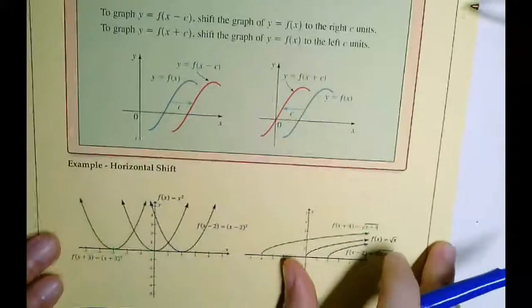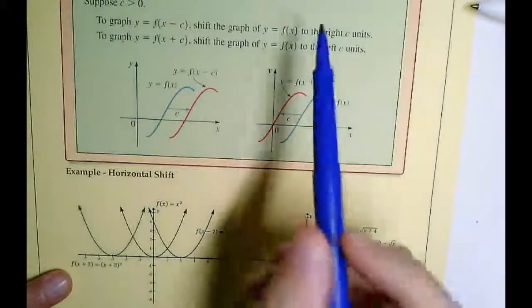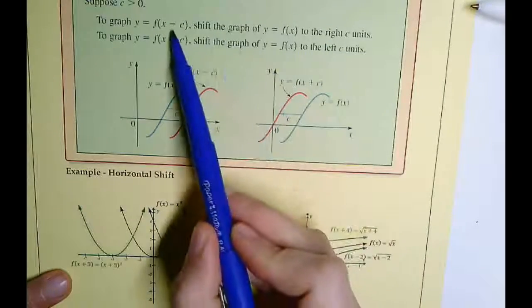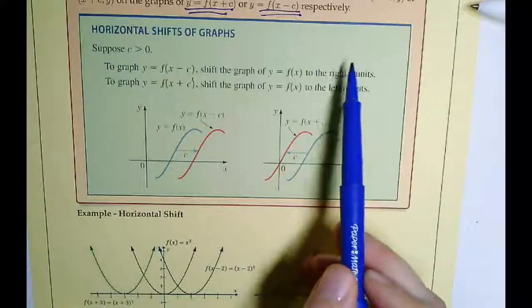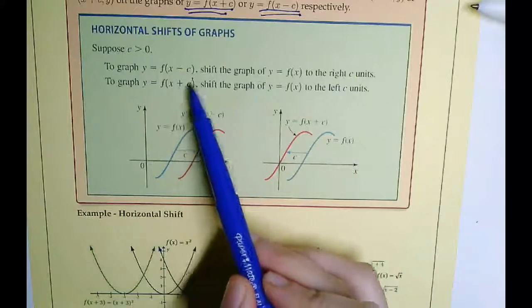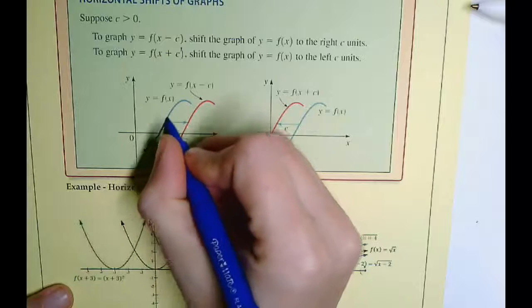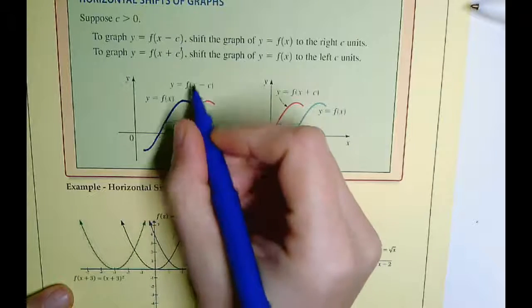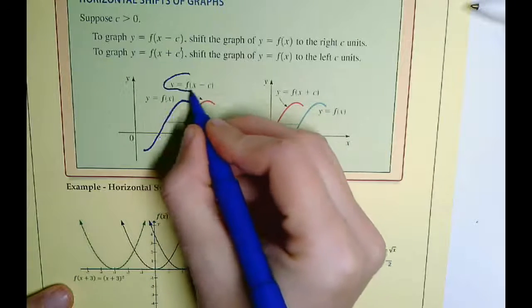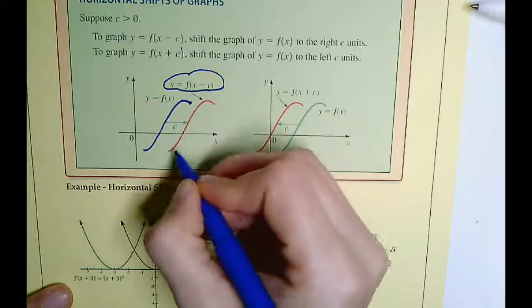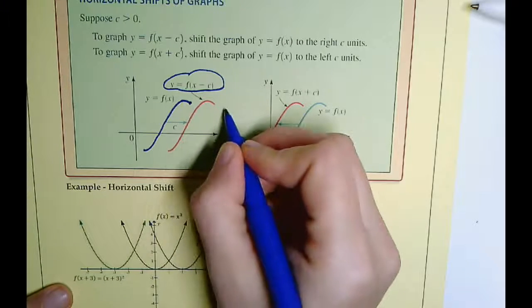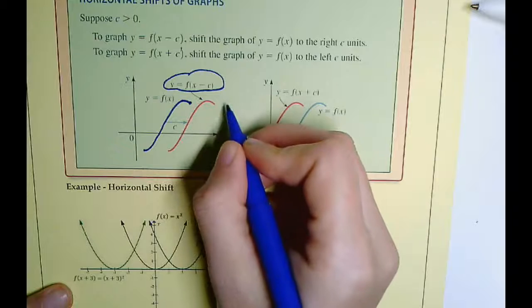So let's see. When you subtract the constant, you're moving to the right, and when you add the constant, you're moving to the left. So if you have your graph f of x right here, to get the graph f of x minus c, you move the whole graph to the right.